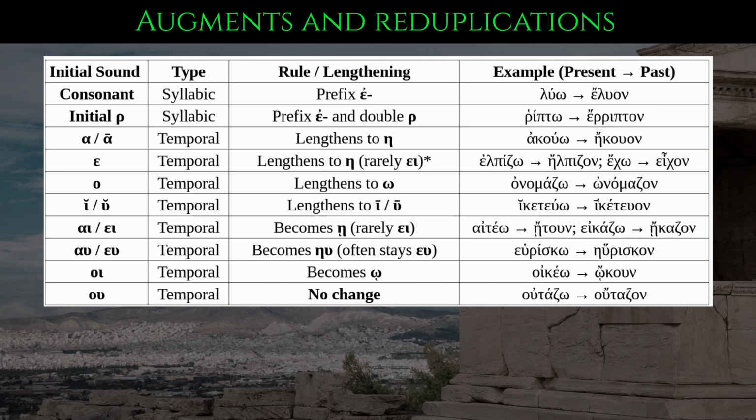Next we have the omicron iota. This becomes omega with iota subscriptum. For example, oikeo becomes oikon. And lastly, this one is special. Omicron and ypsilon. Here we don't have a change. So, for example, hubrizo becomes hubrizon.